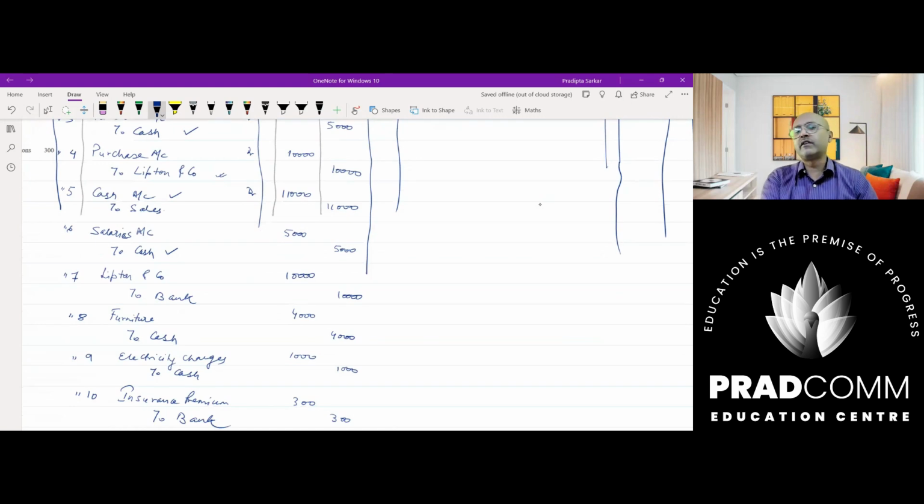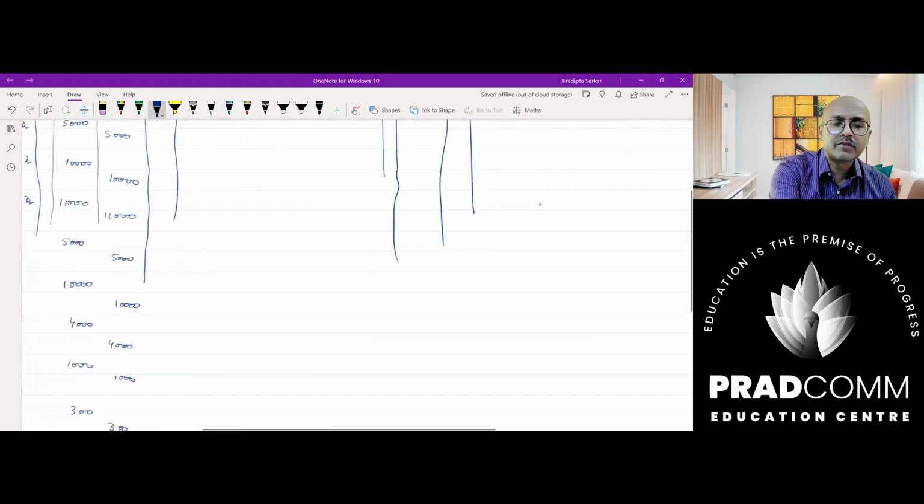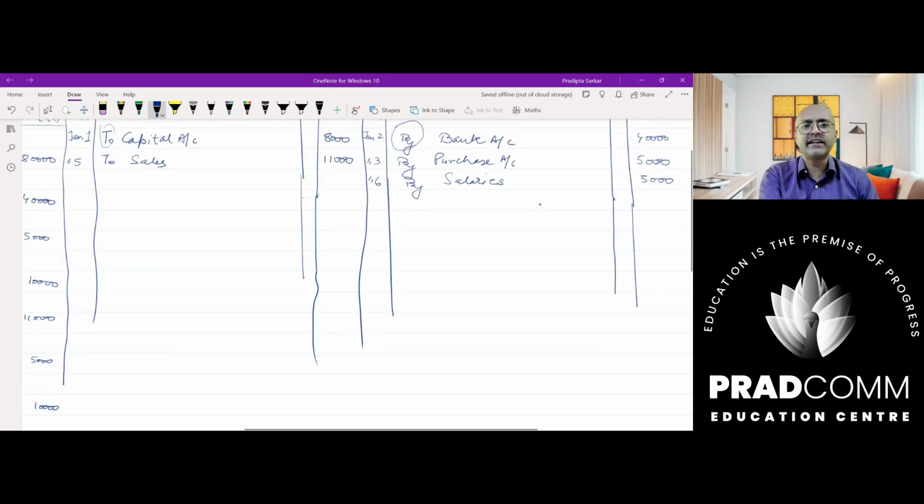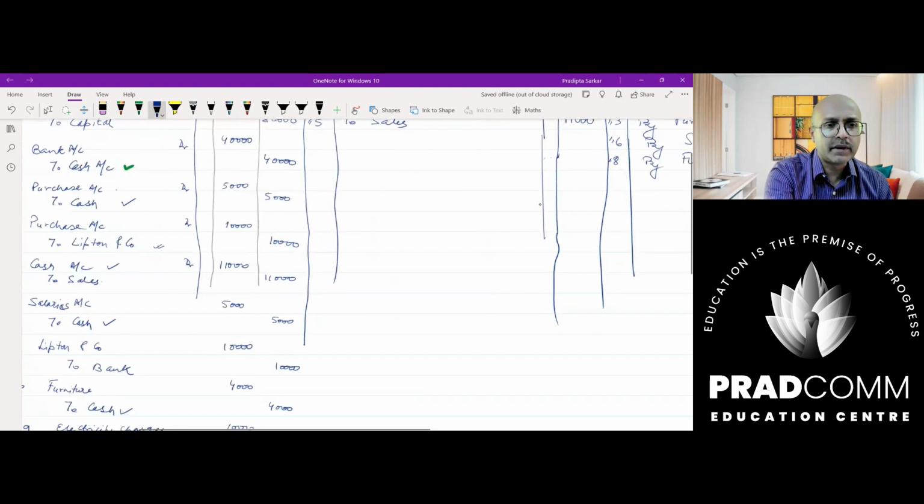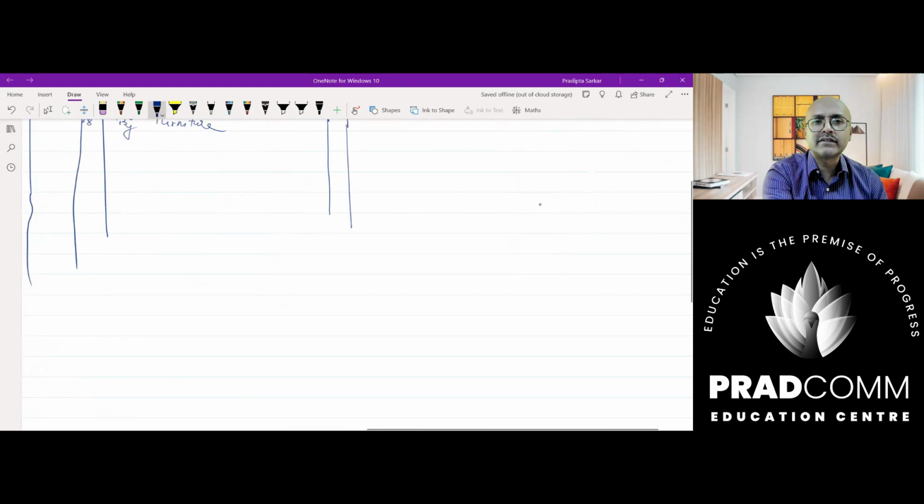Seventh, we will skip because there is no cash account. 8th, there is cash account and it is being credited. So what will we write? We will write on the credit side, by furniture. What was the amount? The amount was 4,000.